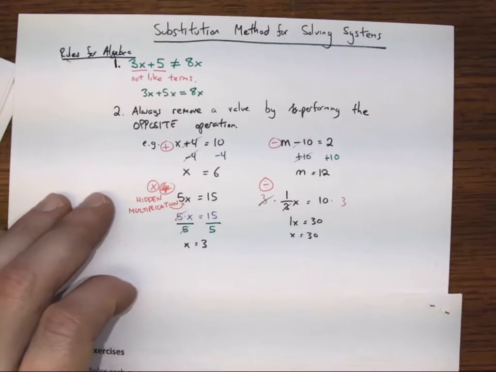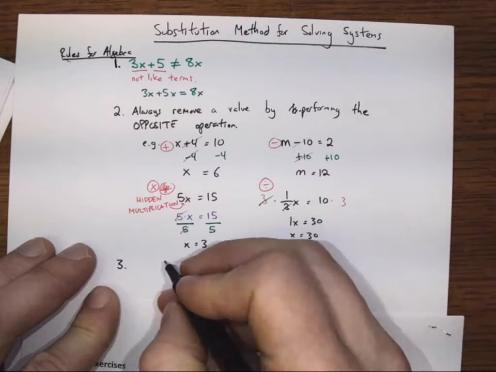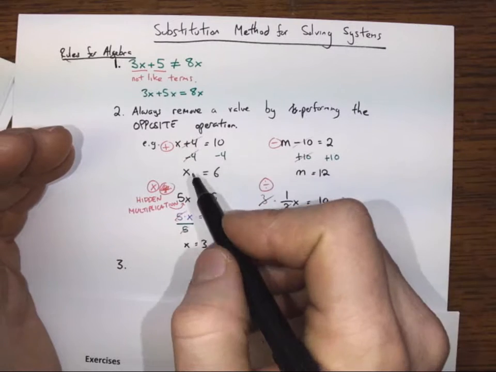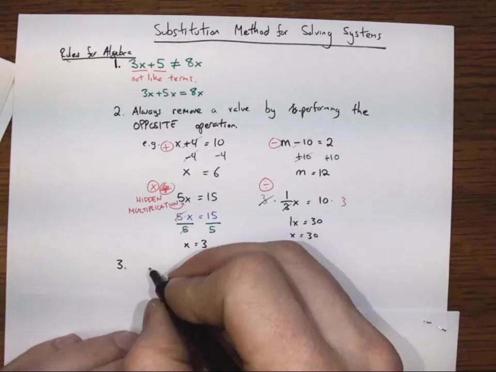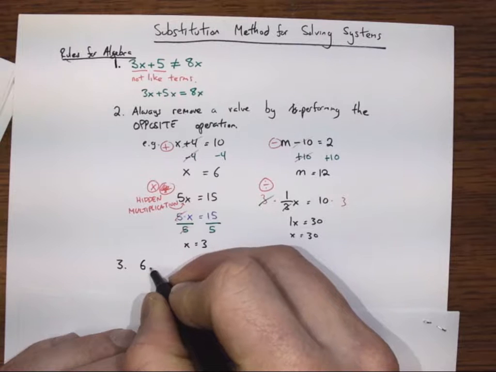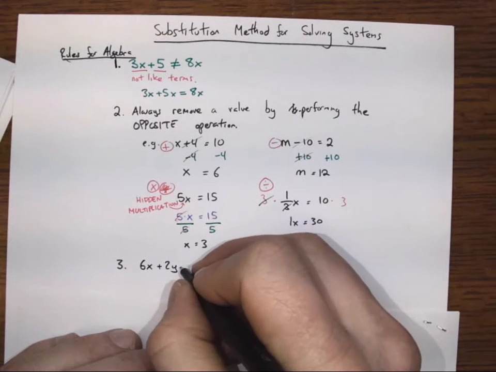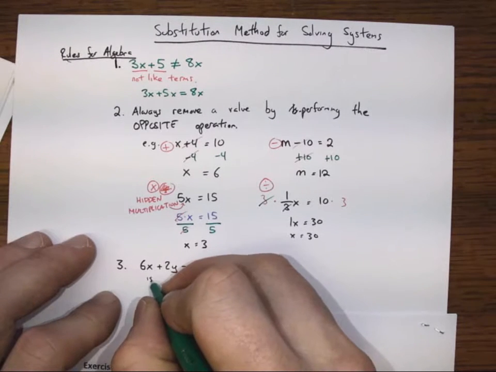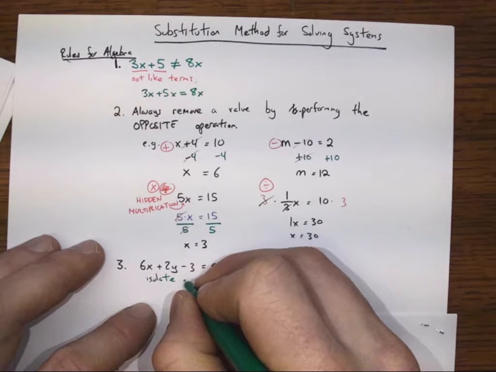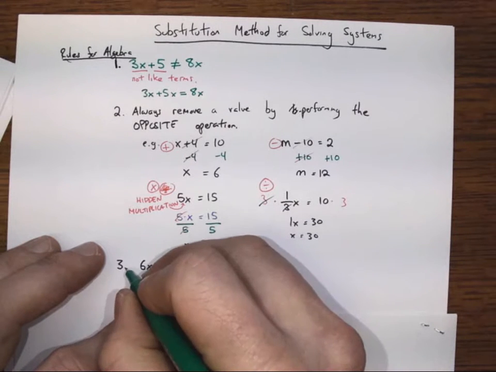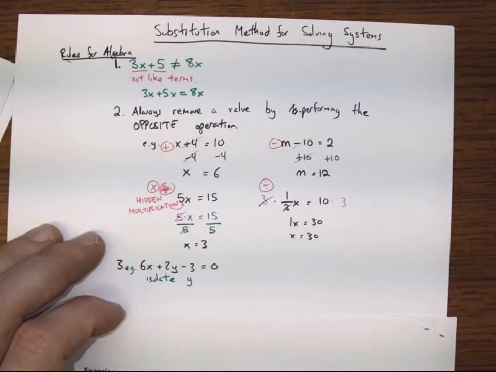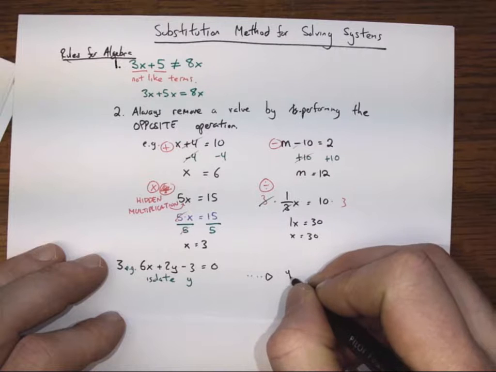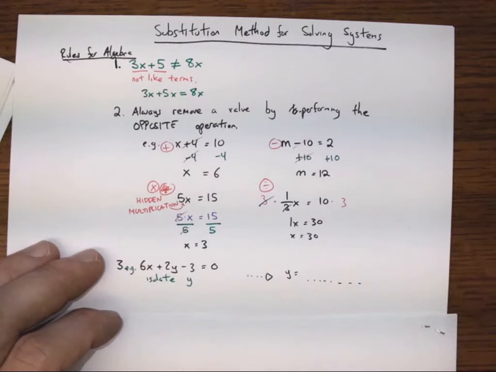Now, the last rule of the game is the dinner plate rule. We're going to start with the values furthest away from our variable. So if we have a situation like 6x plus 2y minus 3 equals 0, and I want to isolate y, I eventually want y equals blank, blank, blank.